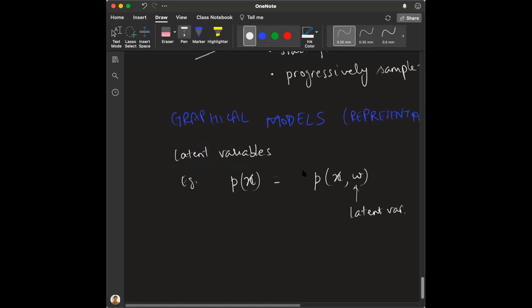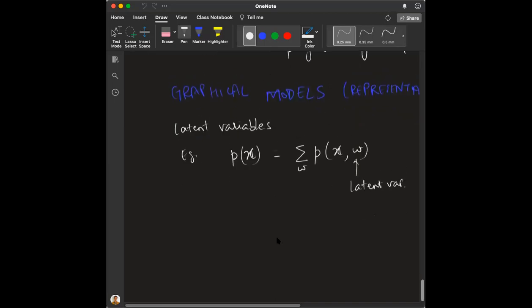So this is a latent variable, and you sum over all w, right? This is how you do. And now this thing you can sample. So what kind of graph will you get?